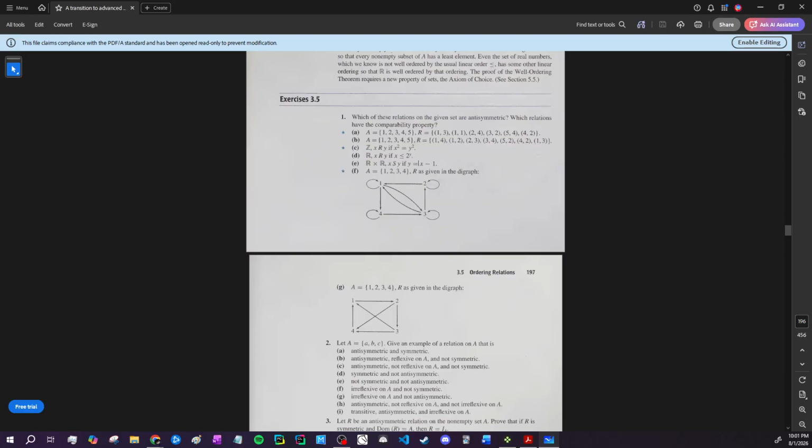So we know these two are true. So we have to show that x equals y. I guess assume x is not equal to y.